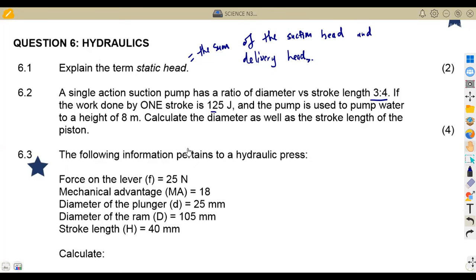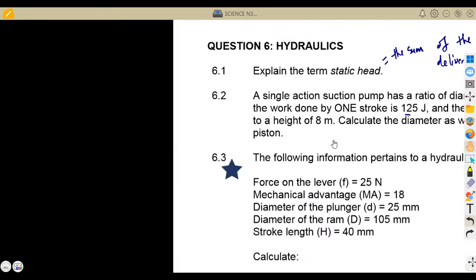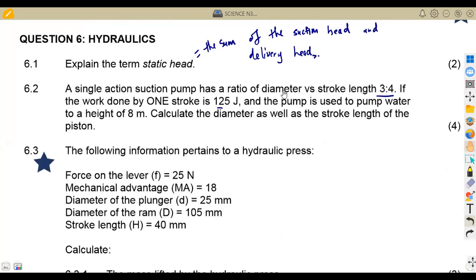Let's take down the information that we are given, guys. Here, this is our 6.2. We are given the ratio between the diameter and the stroke length, which is 3:4.